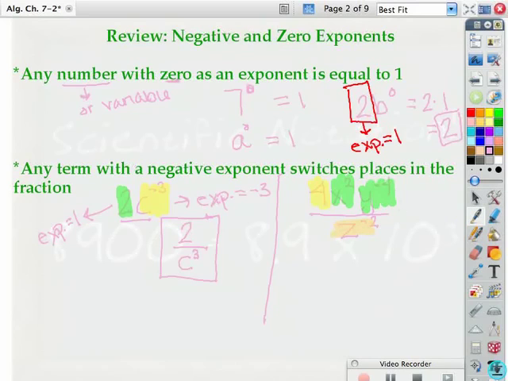Anything with a negative exponent moves. 4 has a positive exponent, it stays. X squared has a positive exponent, it stays. Y has a negative exponent, so it goes to the bottom, moves to the denominator. Z has a negative exponent, so it moves up top where the 2 becomes positive. And there's your simplified version of the original problem.